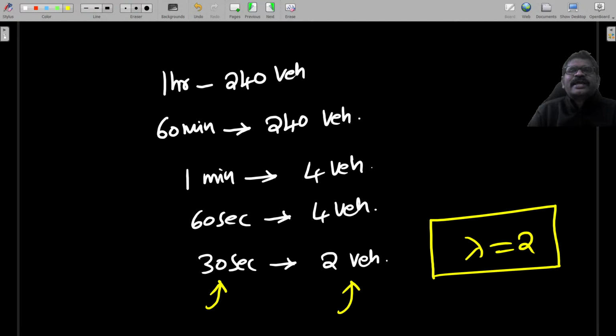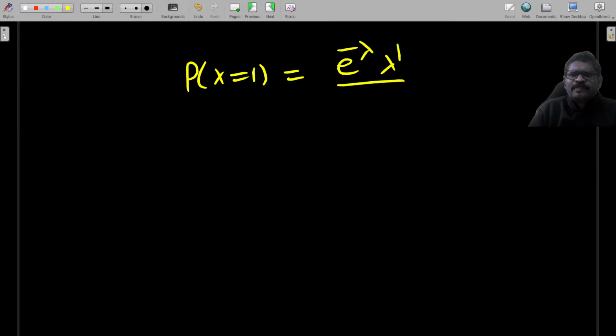Now x counts the number of vehicles. Probability of x equal to 1 is e power minus lambda into lambda power 1 by 1 factorial.